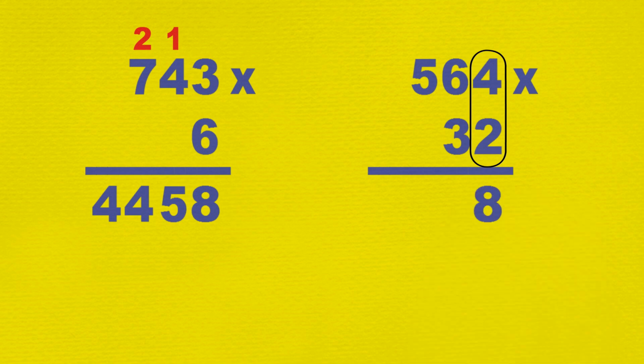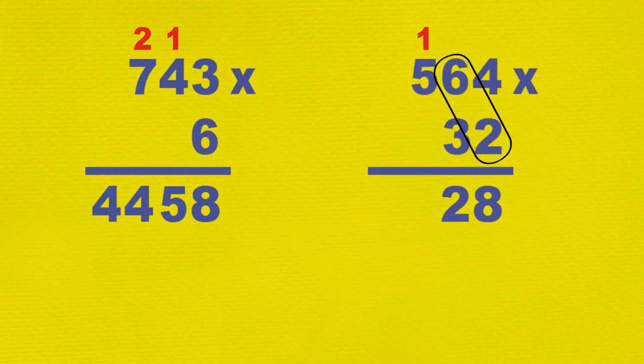Then, 2 times 6 equals 12. The 2 is written under the line in the tens position, and the 1 is added to the hundreds position. Then 2 times 5 equals 10, plus the extra 1 equals 11, which is written under the line in the hundreds and the thousands position.